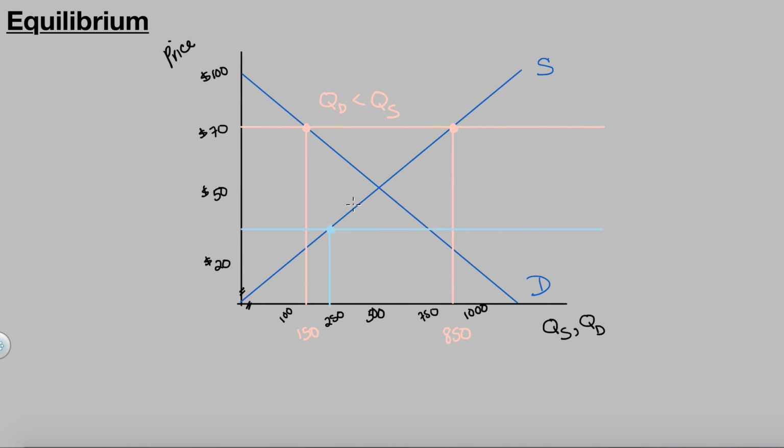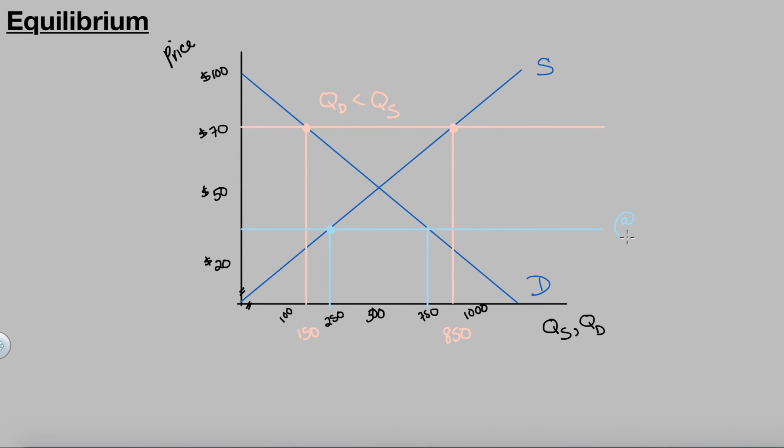So if we look at where price intersects the supply curve, this is my quantity supplied. And if we look at where price intersects the demand curve, this is how many people were actually willing to purchase my good or service, which is my digital art, at $30.